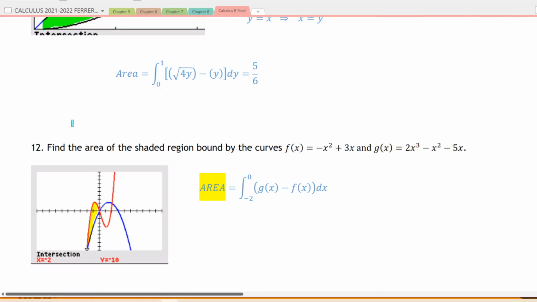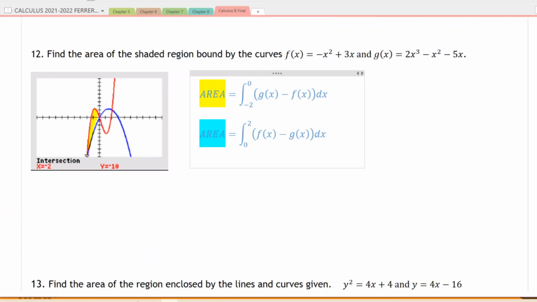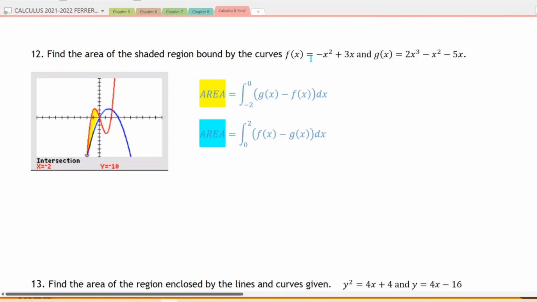Now the second area that we're going to look at is going to be this blue area right here. And in the blue area, the quadratic function is on top and the cubic function's on bottom. So for the blue area, it's the area from 0 to 2 of f of x, which is the quadratic, minus g of x, which is the cubic.